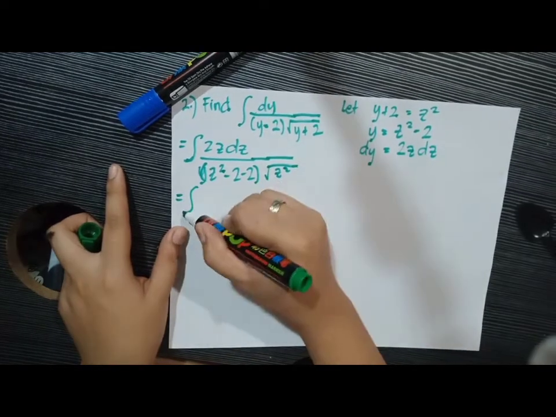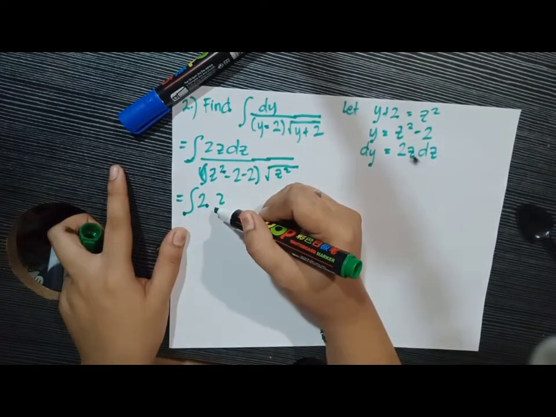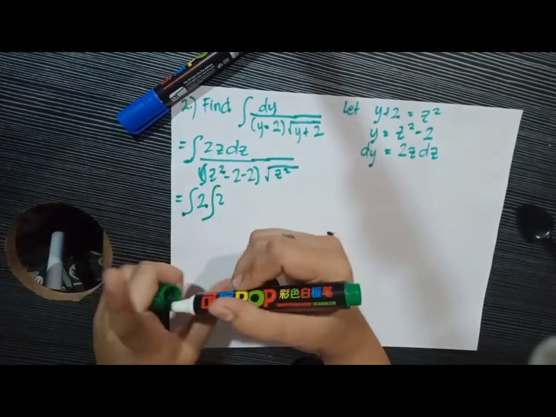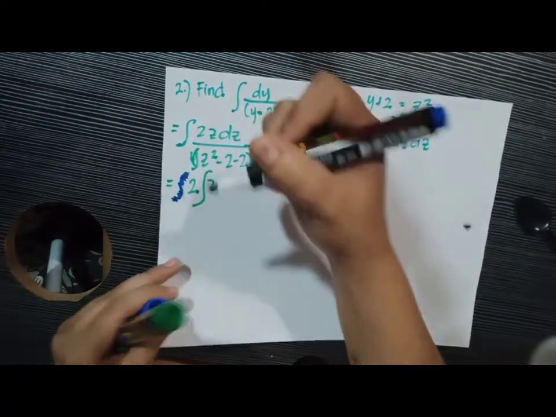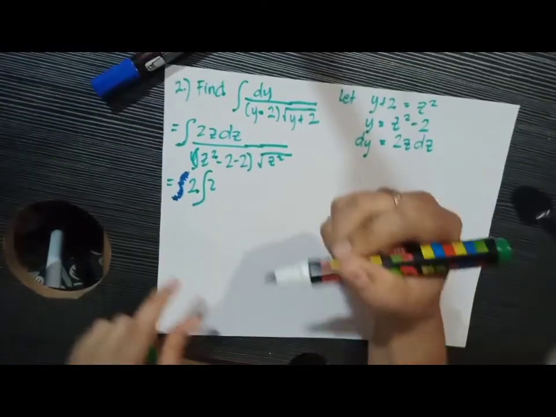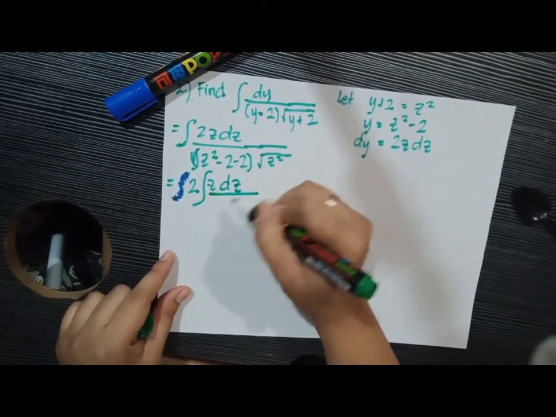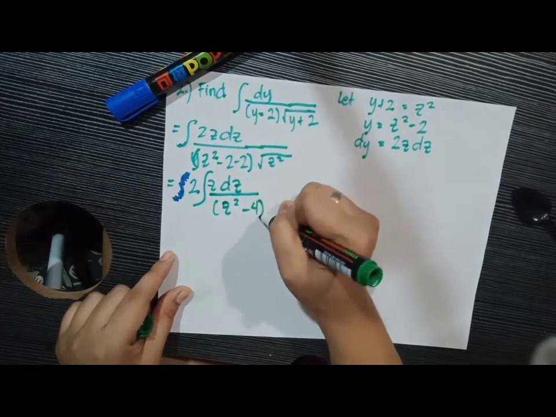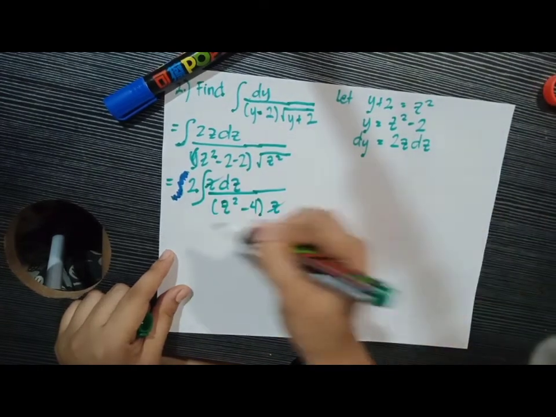Therefore, we have 2 times the integral of z dz over, minus 2 minus 2 is minus 4, so z squared minus 4, then the square root of z squared is z, so we cancel z.